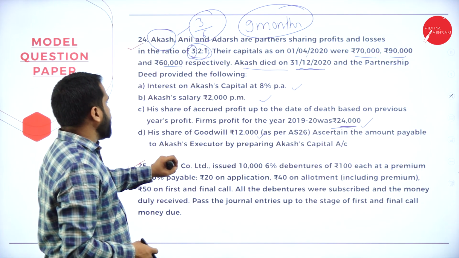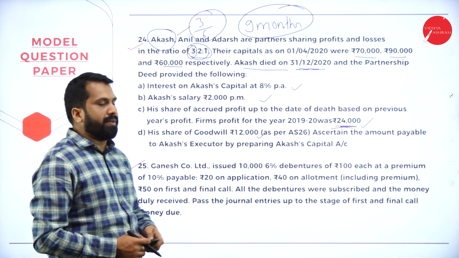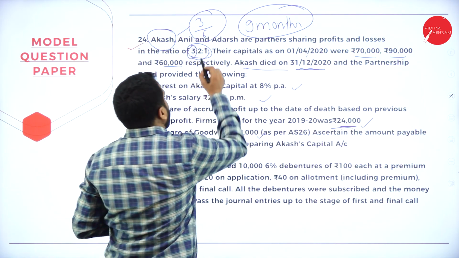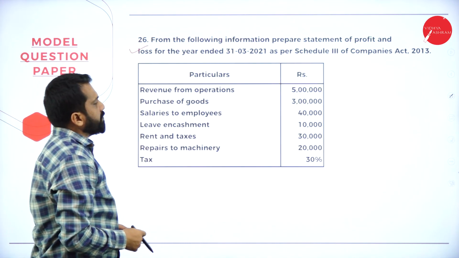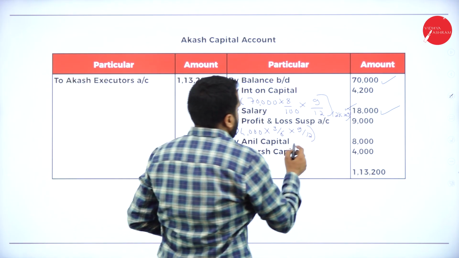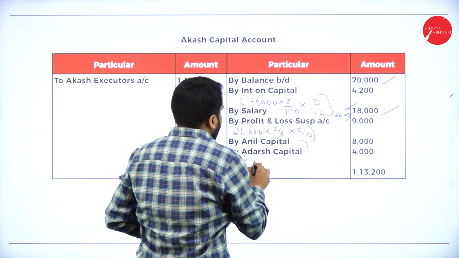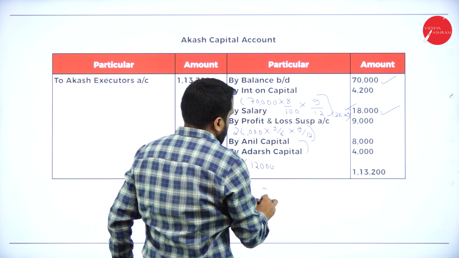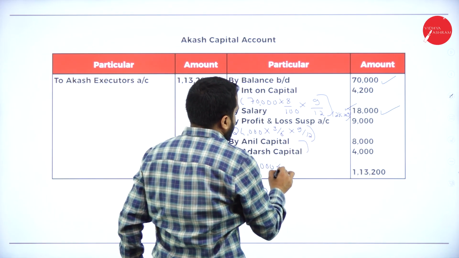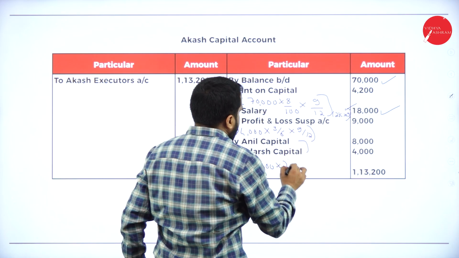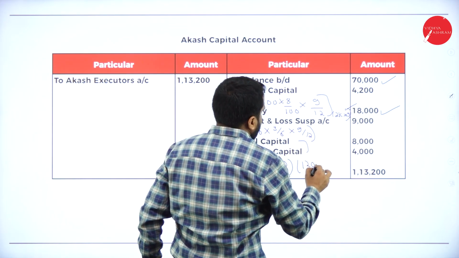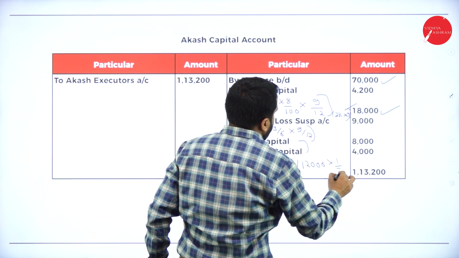Now, goodwill, how much they have given? 12,000. Remember this. What is the ratio of remaining partners? 2:1. Yes. So, 2:1. 12,000. Remember, 2:1 remaining partners, into 2/3. 12,000 into 1/3.